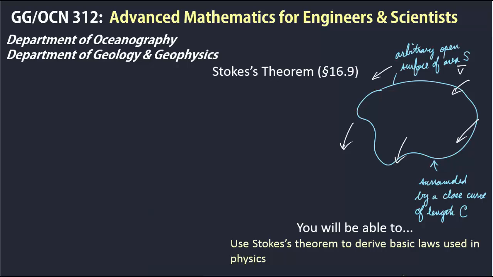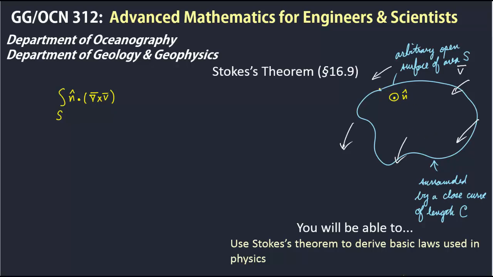So let me write down Stokes' theorem. Stokes' theorem states that if we integrate over our surface n hat, which is the normal to the surface, dotted with the curl of our vector field, in other words, we're taking the component of the curl normal to our surface. So n hat is pointing out of the screen.